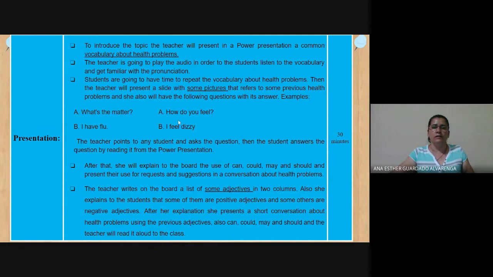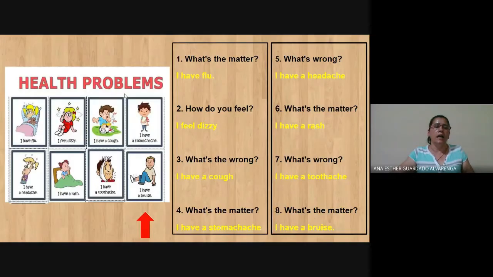Here are some examples, and here I have the vocabulary, and in this part the students are going to have the opportunity to see the picture and the vocabulary about health problems, and this is going to help students to remember later because they associate the picture with the vocabulary.